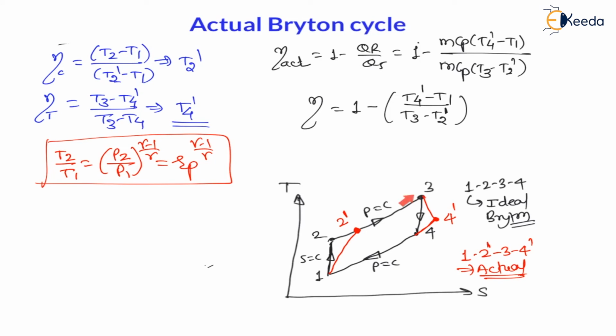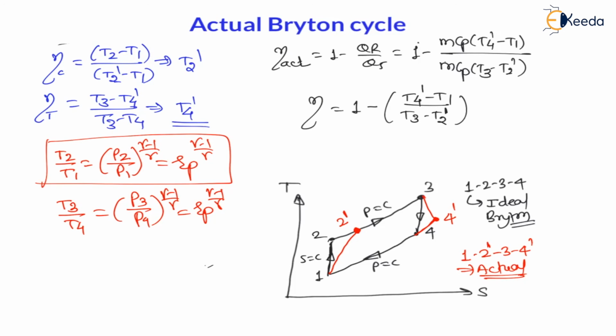And for 3 to 4, which is isentropic expansion, we can use the formula T3 divided by T4 is equal to (P3 divided by P4) raised to (gamma minus 1) upon gamma, which is again the pressure ratio raised to (gamma minus 1) upon gamma. Here P2 divided by P1 is the pressure ratio, as well as P3 divided by P4 is the pressure ratio, right?